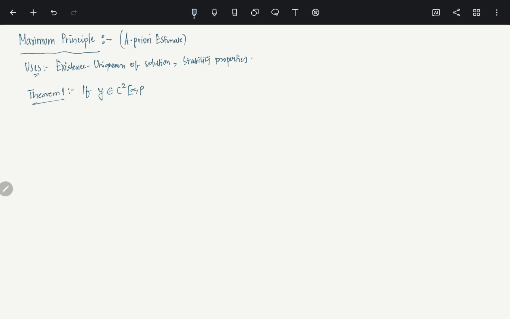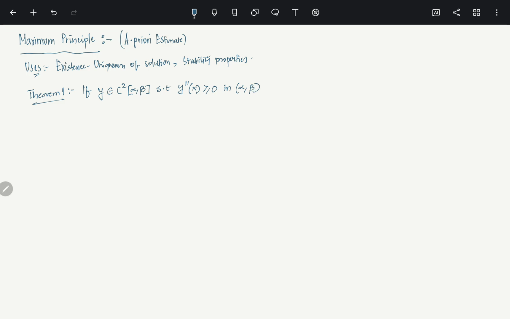What is C2[alpha, beta]? It is the twice continuously differentiable functions defined on the closed bounded interval [alpha, beta]. You are looking at a function y which is twice continuously differentiable on [alpha, beta], such that the double derivative y''(x) is always greater than or equal to 0. What does it mean? It means that the function is convex in the open interval (alpha, beta).